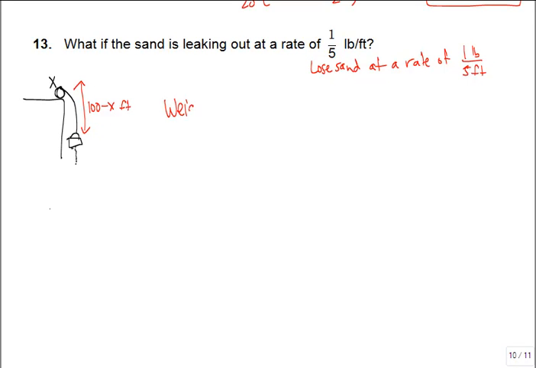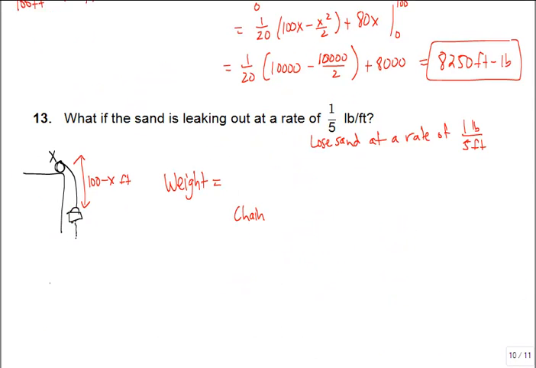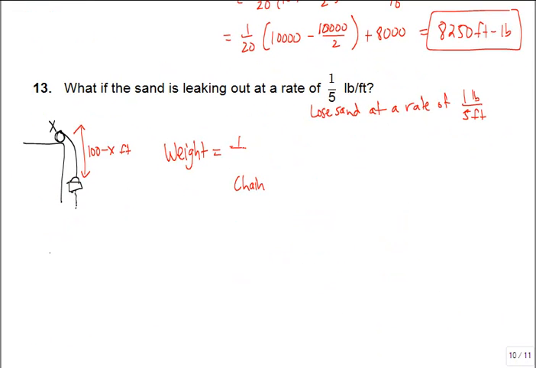So the first thing we need to consider in terms of the weight of all this stuff is that the weight of the chain is going to be that linear density, and from the previous problem, that linear density, since it was 5 pounds per 100 feet, was 1/20th. So this is going to be 1/20th, 1 pound per 20 feet times 100 minus x feet. So this is the weight of the chain hanging down.